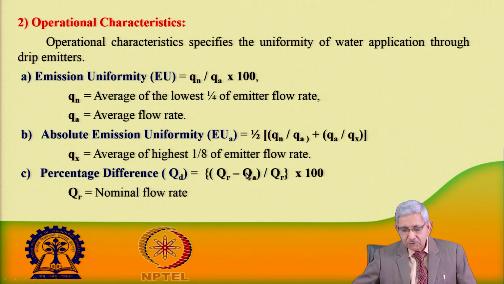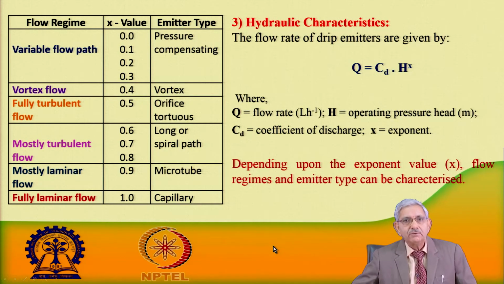So Q r is 8 liter per hour, and the average value of the 24 drippers is compared with the nominal flow rate, multiplied by 100. If you are taking 8 liter per hour drippers, from there you find out the percentage variation.